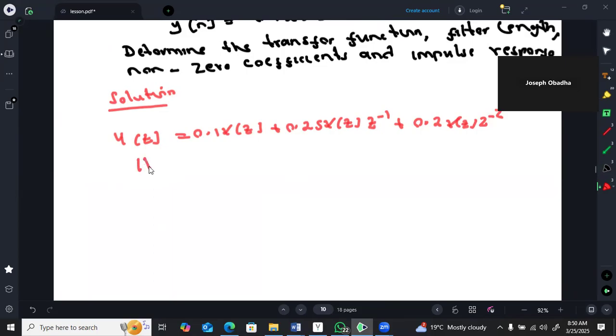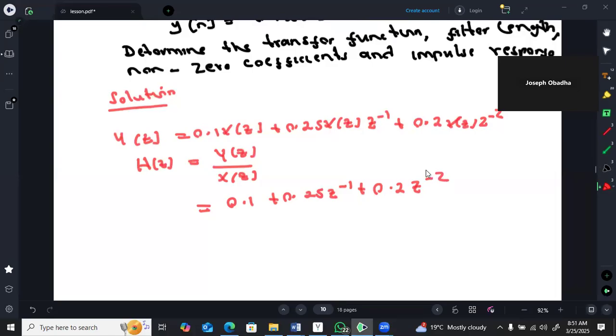But we know that h of z is equal to y of z over x of z. So this means that the transfer function will be given by 0.1 plus 0.25 z minus 1 plus 0.2 z minus 2.